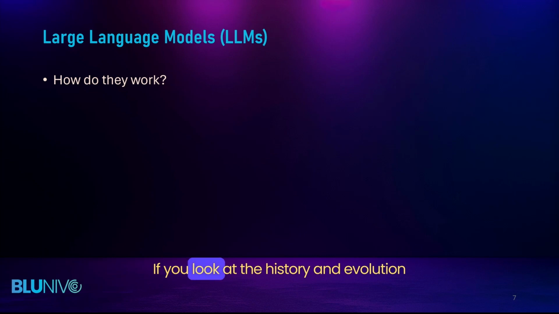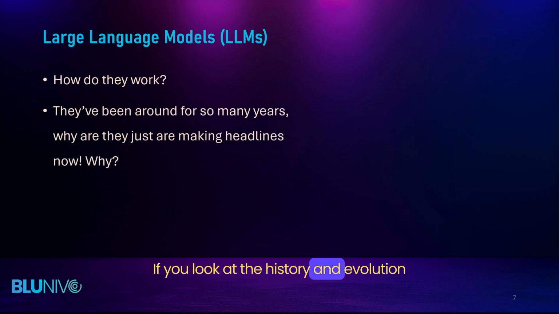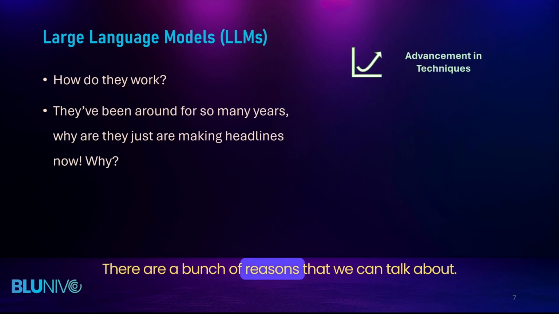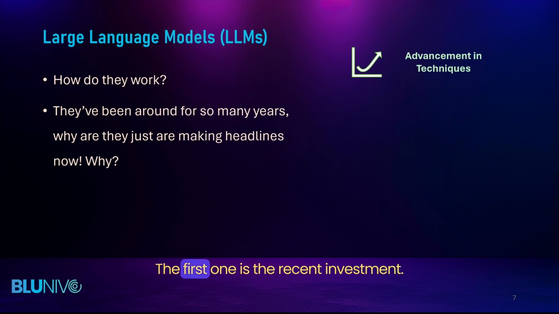If you look at the history and evolution of LLMs, you may notice that these models have been around for quite some time, and you may ask yourself why they are making headlines now. There are a bunch of reasons that we can talk about. The first one is the recent advancement.